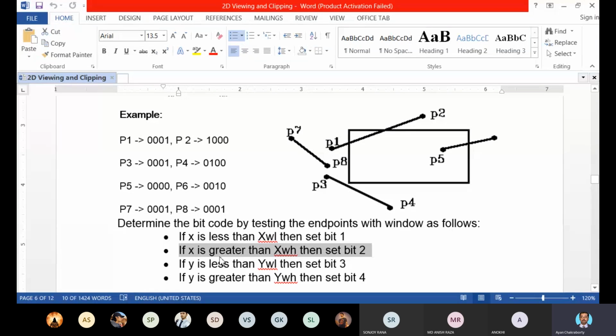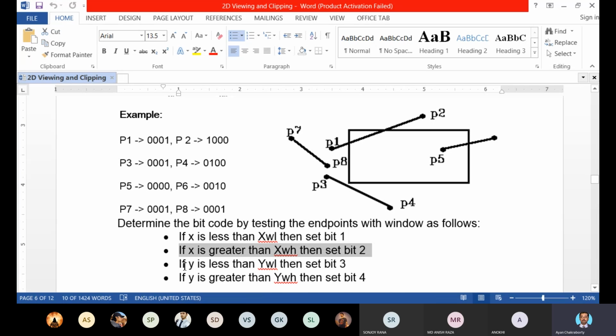This corner point of the rectangular clipping area is XWH, YWH, so any point which is greater than XWH will be at the right side of this window. So the second bit will be 1.